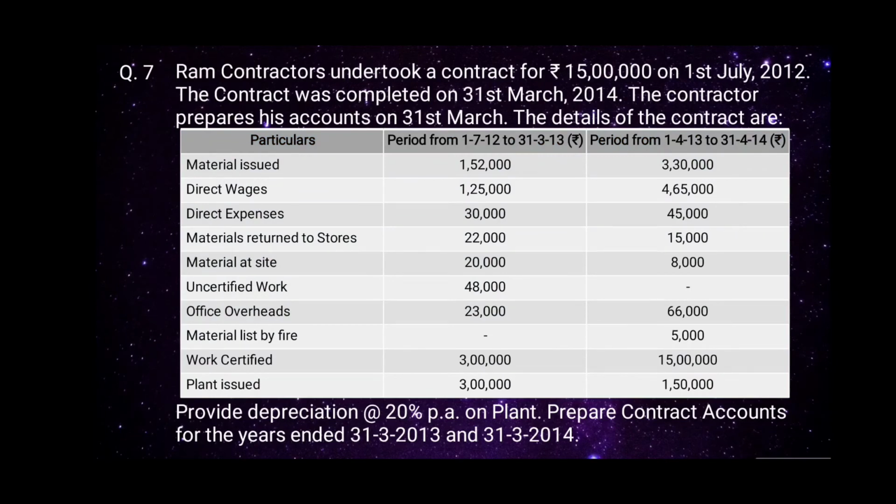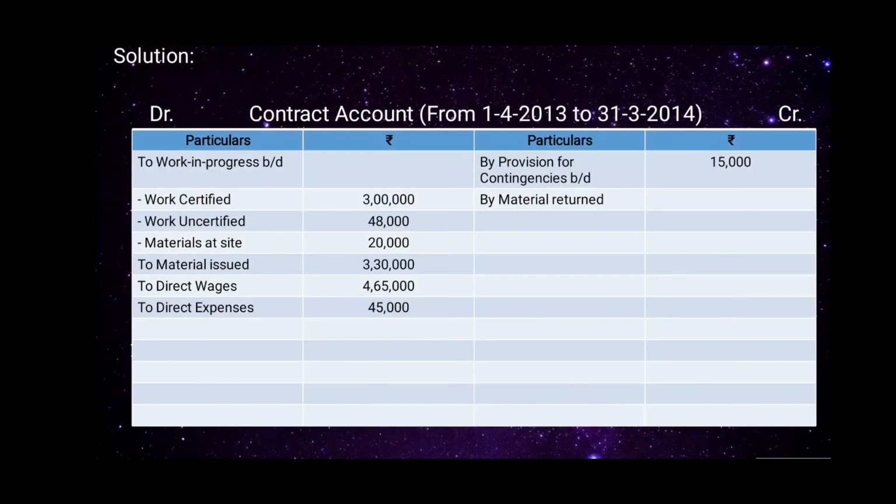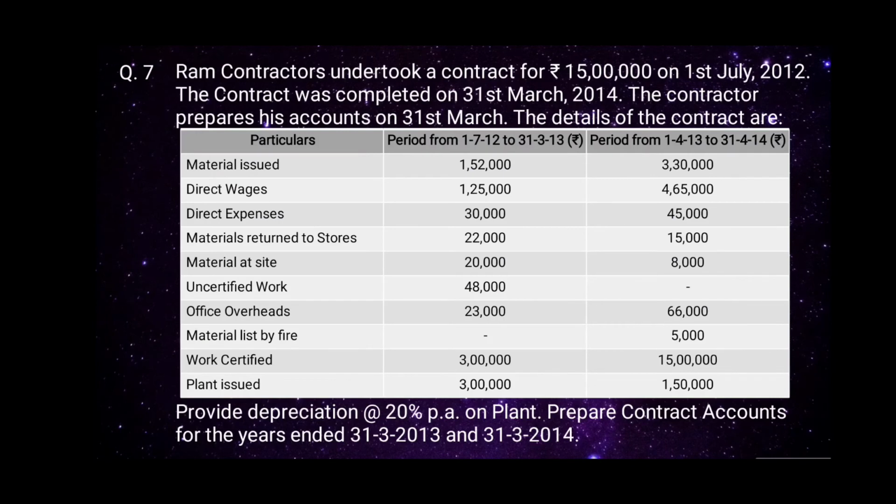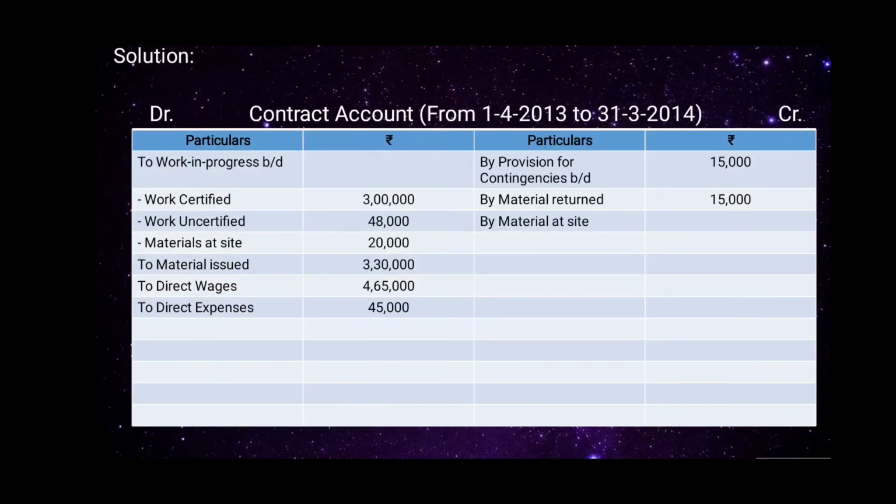Next, materials returned to stores, amount is given as 15,000. So we'll record it on the credit side. By material returned, rupees 15,000. Next, material at site, amount is 8,000. So we'll record it on the credit side. By material at site, amount is 8,000.